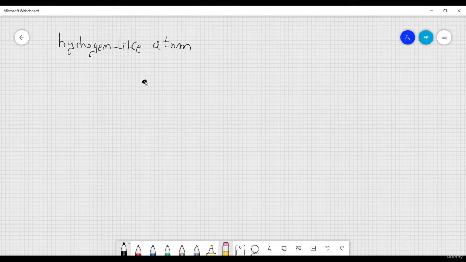So now let me draw it like a point particle. It is not a point particle, of course, because we are going to use quantum mechanics, but at first, let's just try to reason classically, okay? So this is an electron, and hydrogen-like atoms contain an electron in the outer shell, okay?